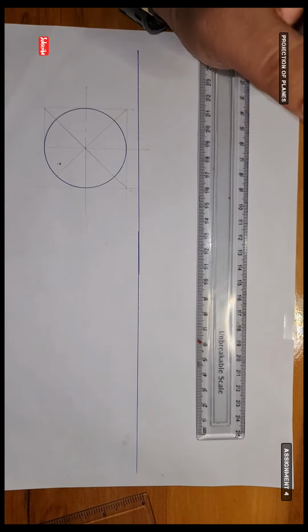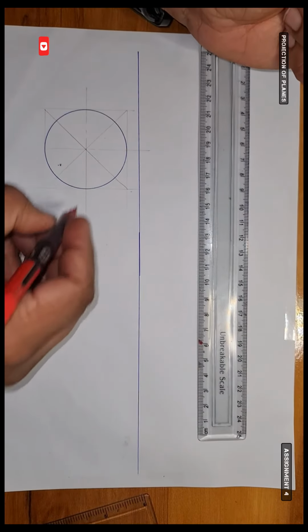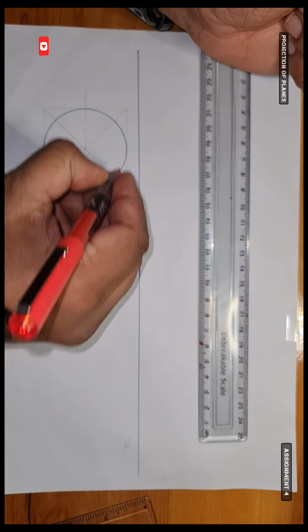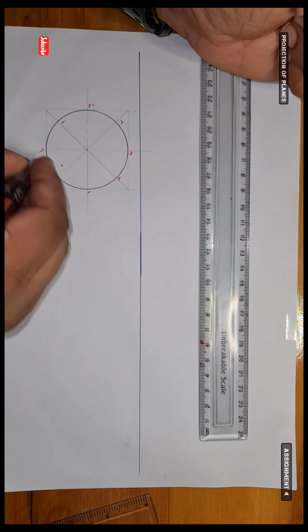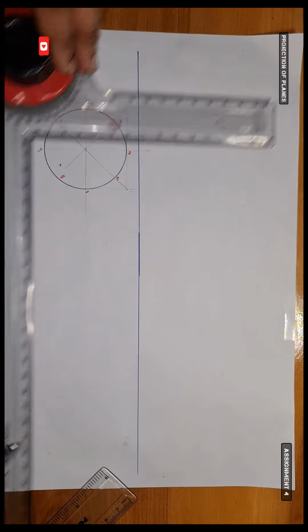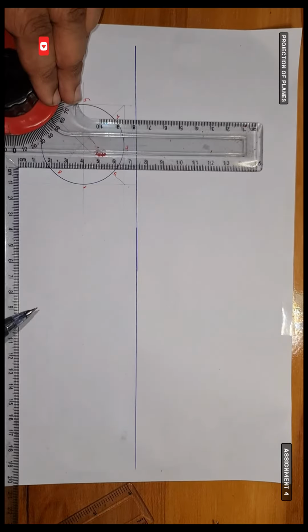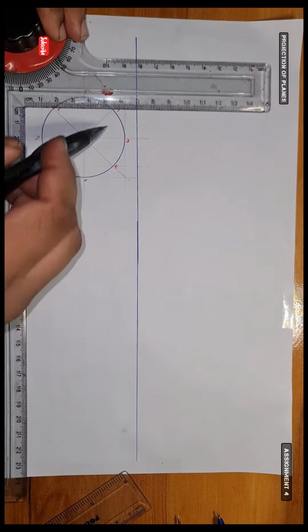In the next stage, we have divided this circle in several parts: 1, 2, 3, 4, 5, 6, 7 and 8. Now you project these points on the upper side like this.